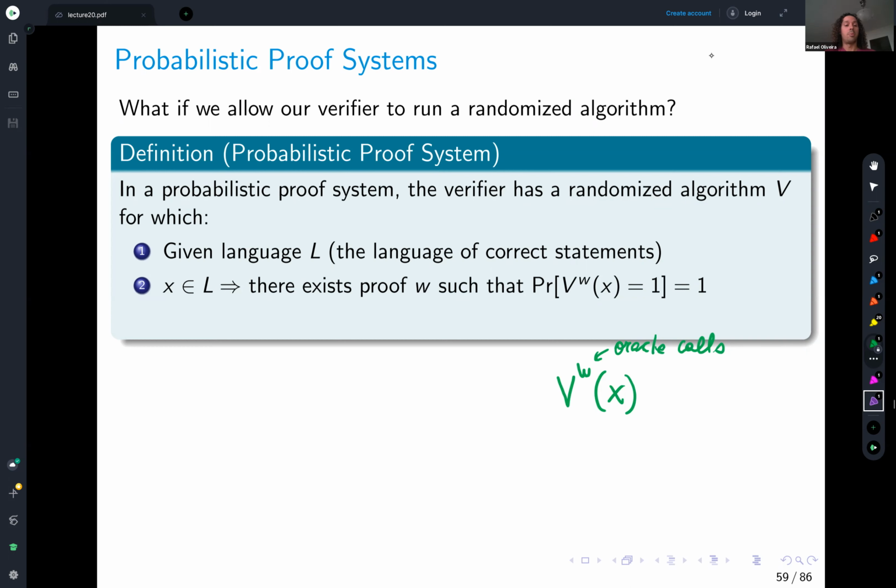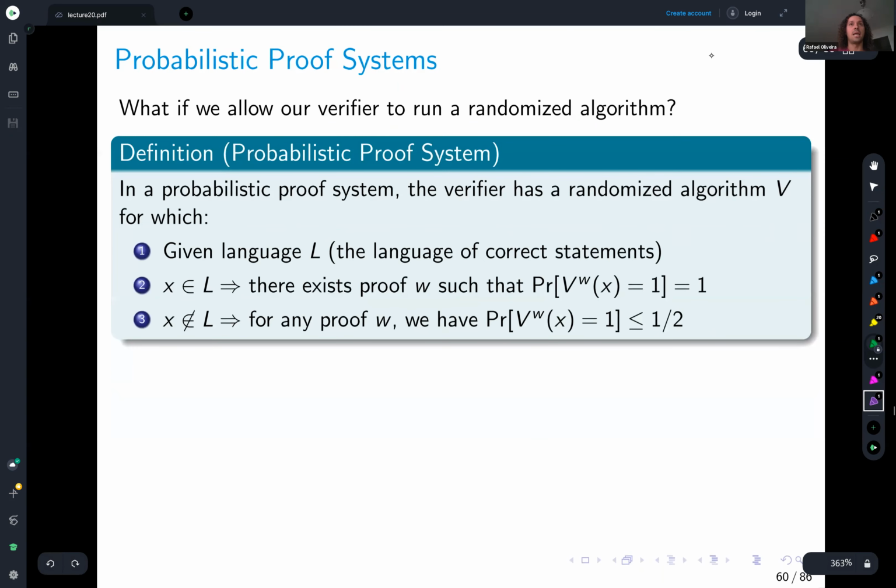Okay, so a probabilistic proof system is this randomized algorithm such that if X is in the language, there is a proof such that this randomized algorithm will always accept my input given the proof. And if X is not in the language, then for any proof W, the probability that V accepts a wrong proof, because X is not in the language, is less than or equal to half. Does that make sense?